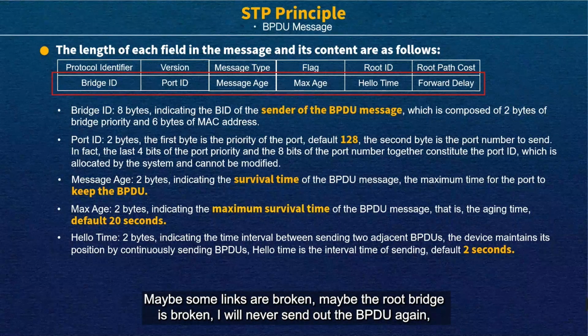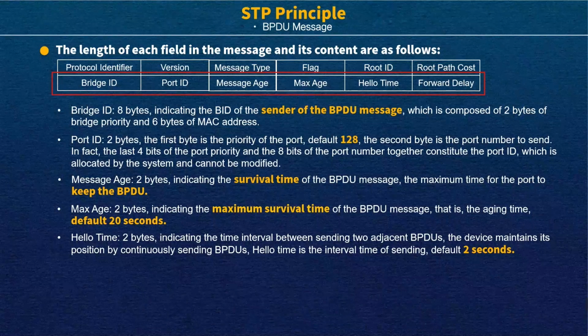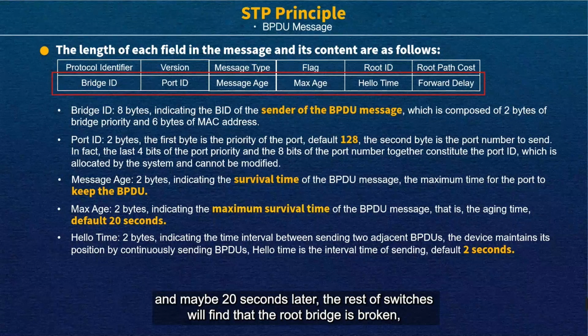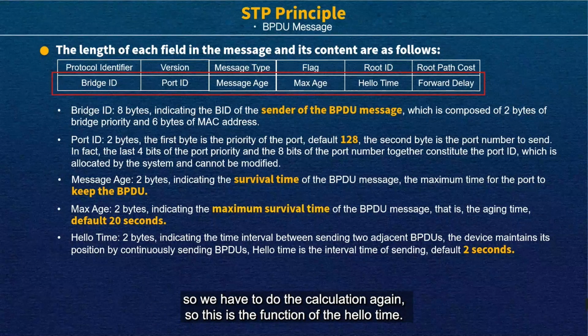Maybe some link is broken, maybe the root bridge is broken, and it will never send out the BPDU again. Maybe 20 seconds later, the rest of the switches will find that the root bridge is broken. So we have to do the calculation again. So this is the function of the time.